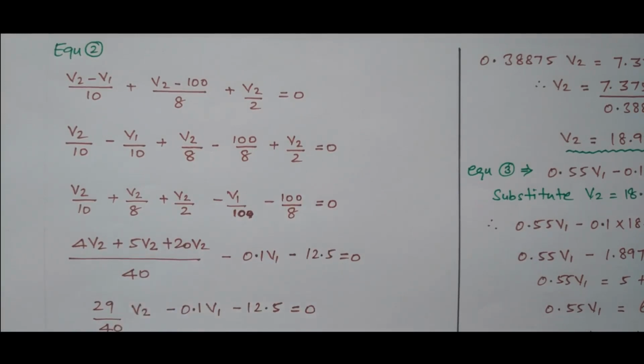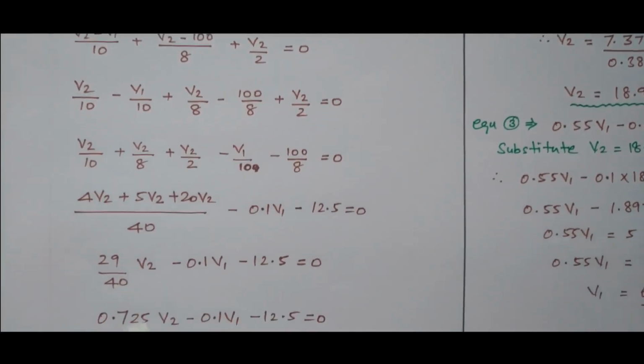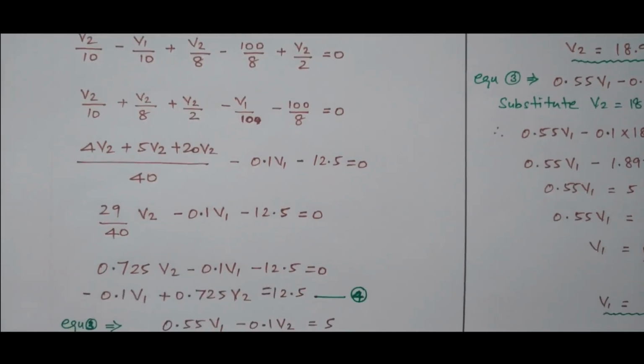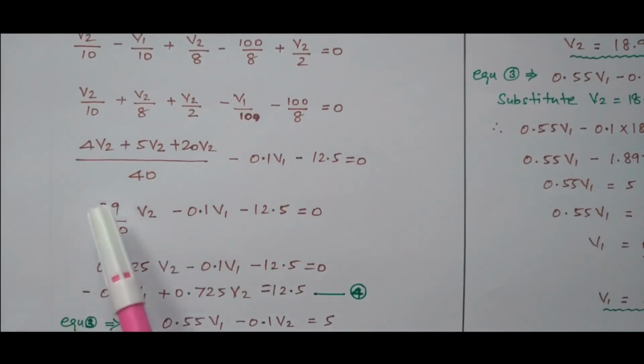Now for further simplification: 4 plus 5 is 9, 9 plus 20 is 29, so 29/40 V2 - 0.1 V1 - 12.5 = 0. 29/40 is 0.725, so 0.725 V2 - 0.1 V1 - 12.5 = 0.